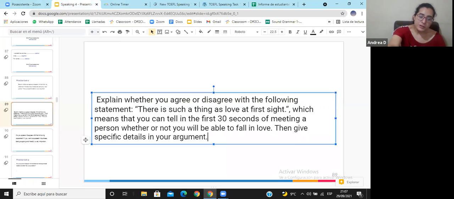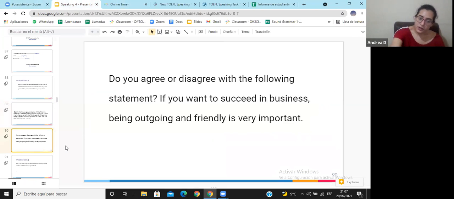Another topic. Now here we have, do you agree or disagree with this statement? If you want to succeed in business, being outgoing and friendly is very important.